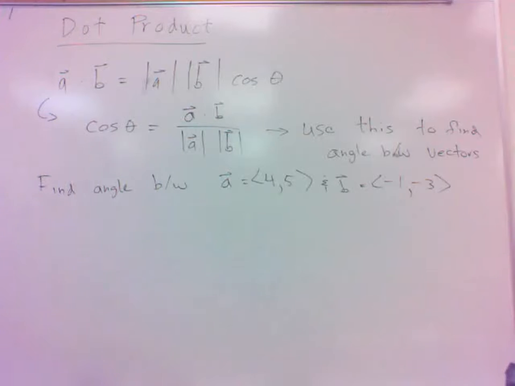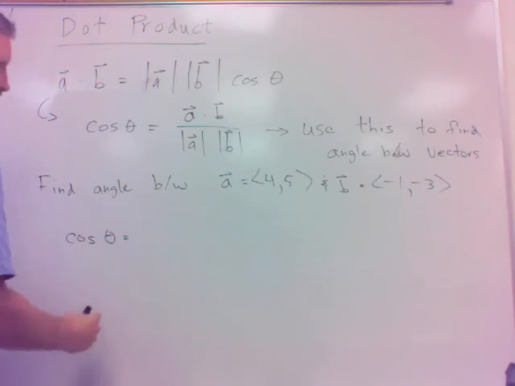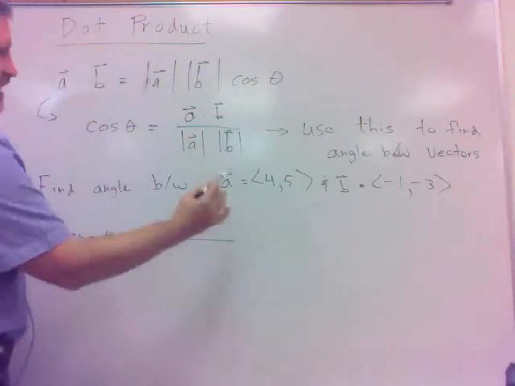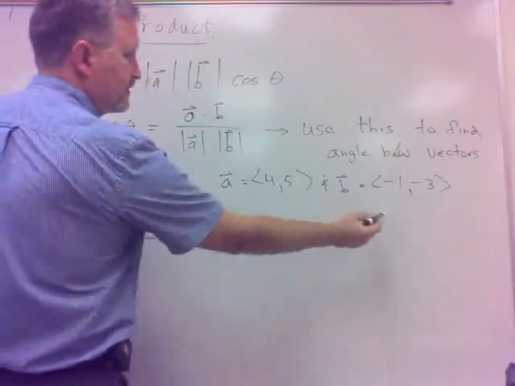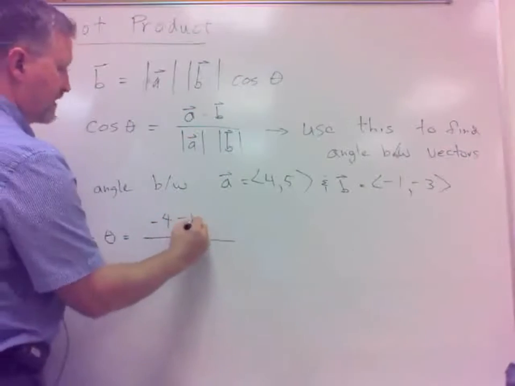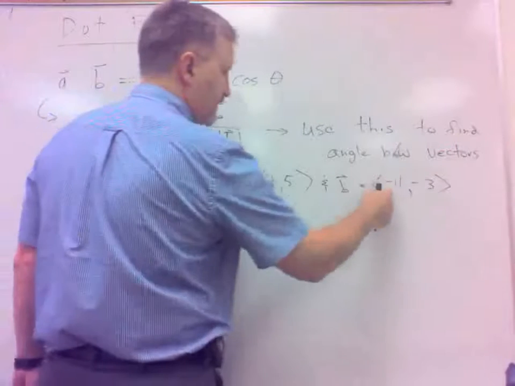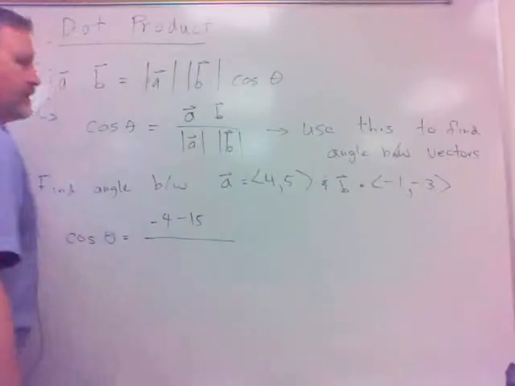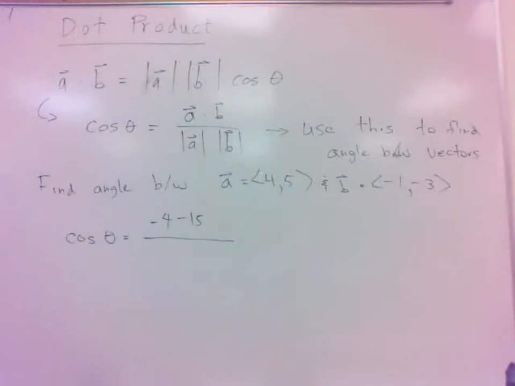So we would have what? Cosine of theta, the cosine of the angle between them, is the dot product. What's the dot product here? -4 minus 15, right? Because 4 times -1 is -4, and 5 times -3 is -15.